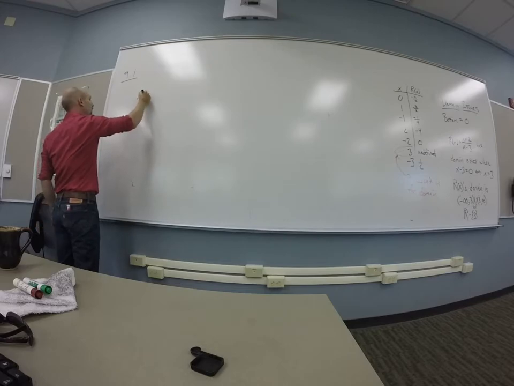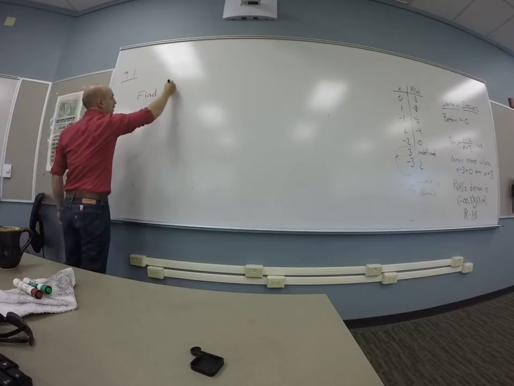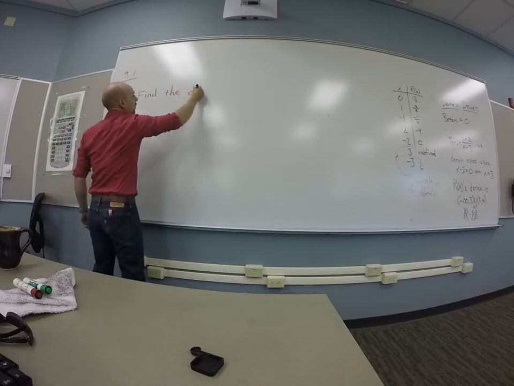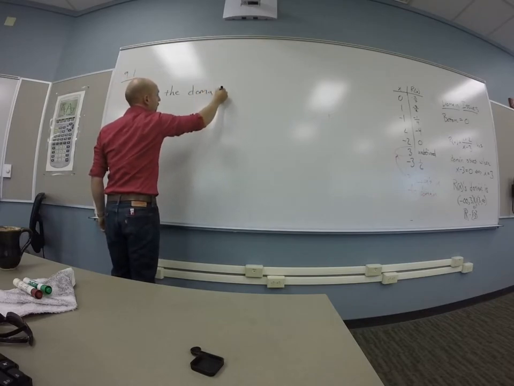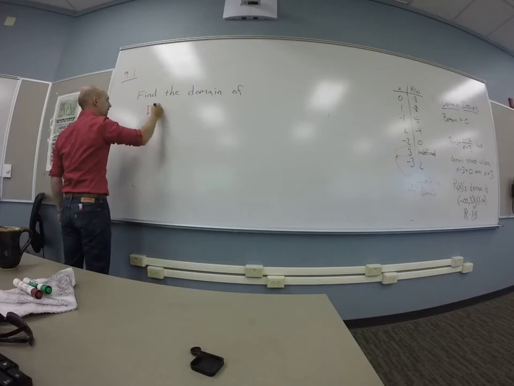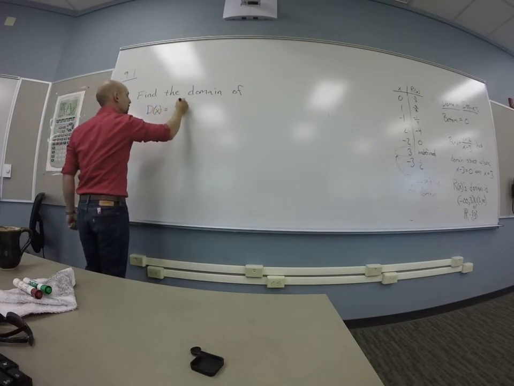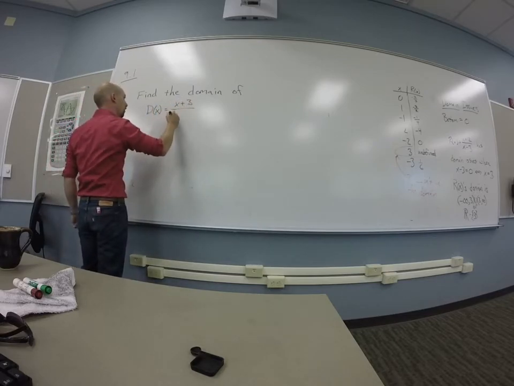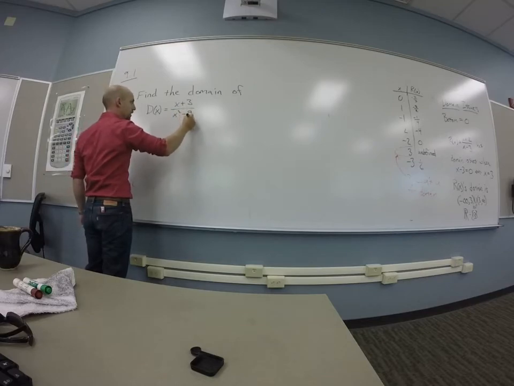So, find the domain of d of x is x plus 3 over x squared minus 9.